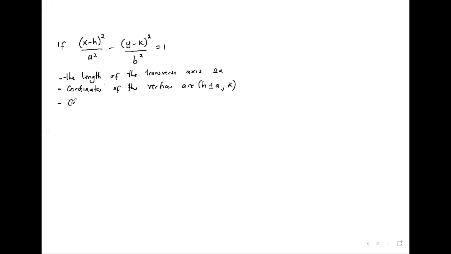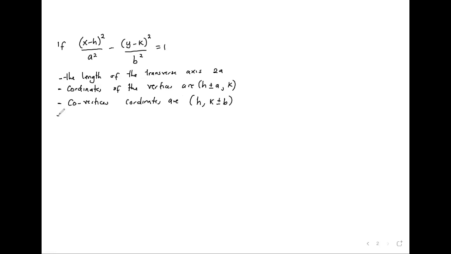And then the co-vertices coordinates, so these now move to h, k plus or minus b.